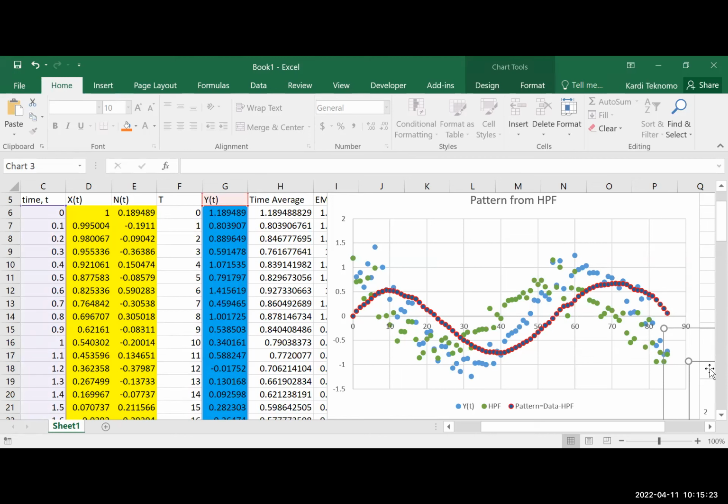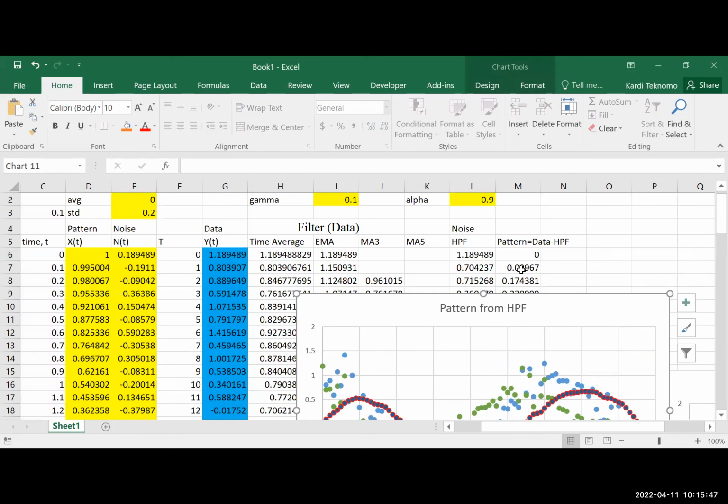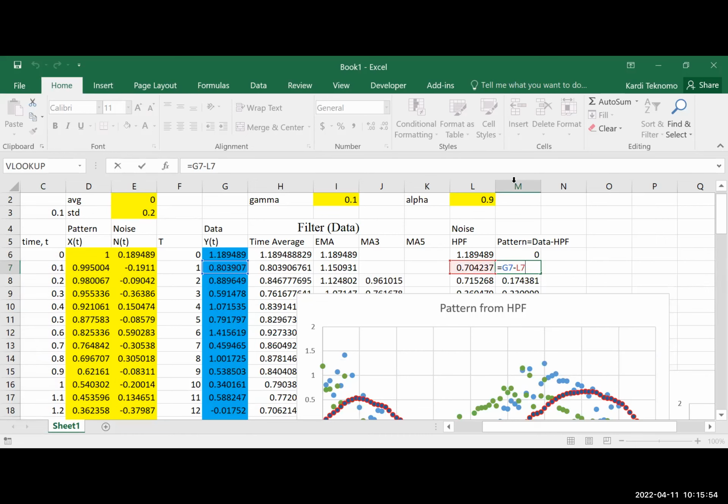So again, I can get back the pattern from the high pass filter simply by subtracting the actual data from the high pass filter. Is this clear or not?